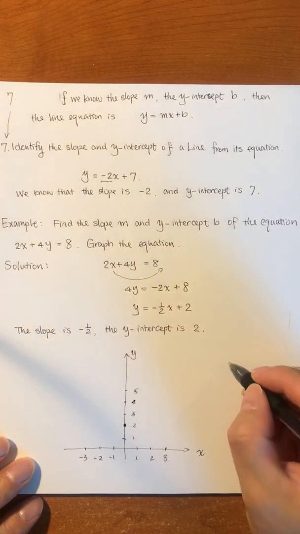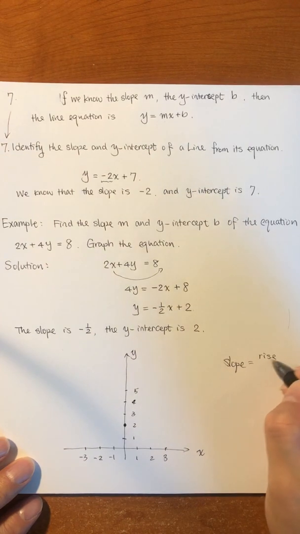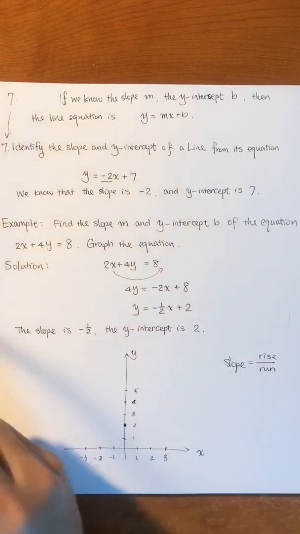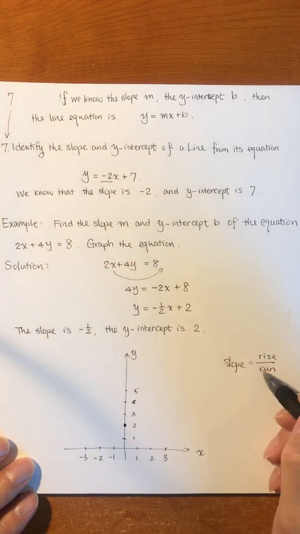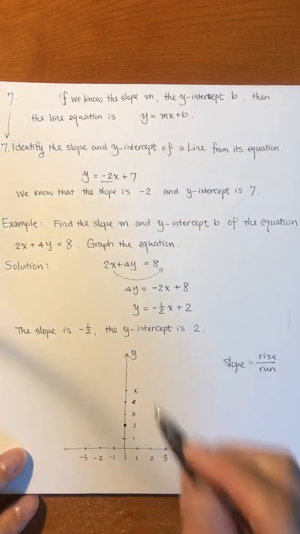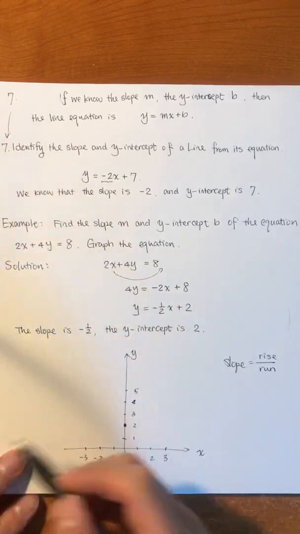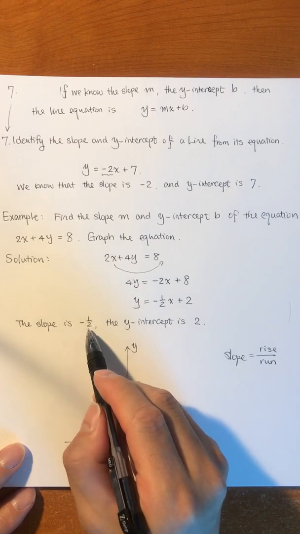And remember, slope is equal to rise over run. Rise is about the y, run is about the x. And the negative coefficient means we're going to move to the left side. So rise over run is 1 over 2.